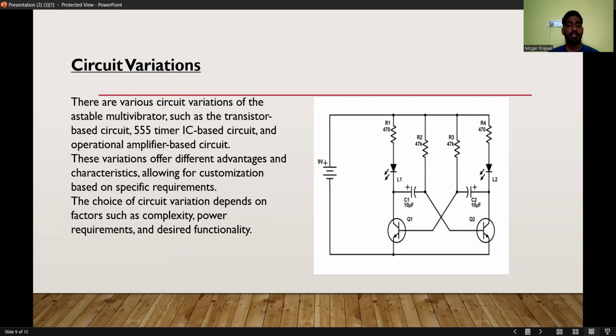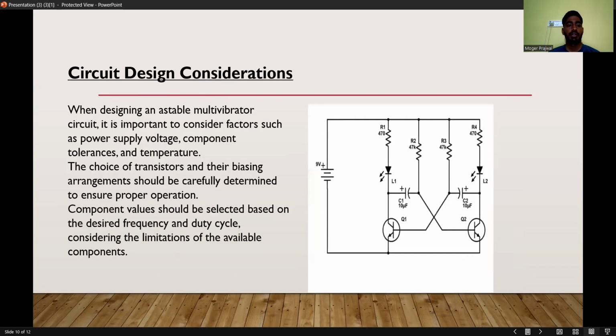The choice of the circuit variation depends on factors such as complexity, power requirements, and desired functionality.